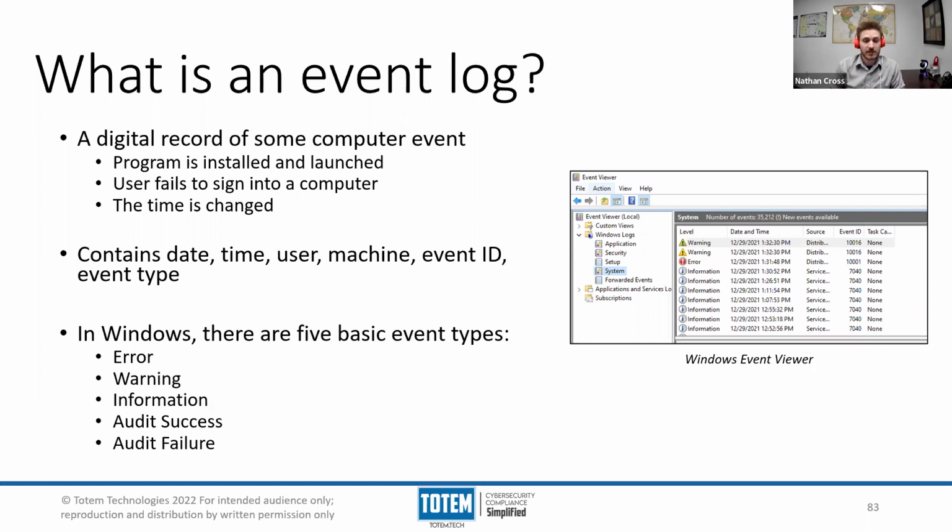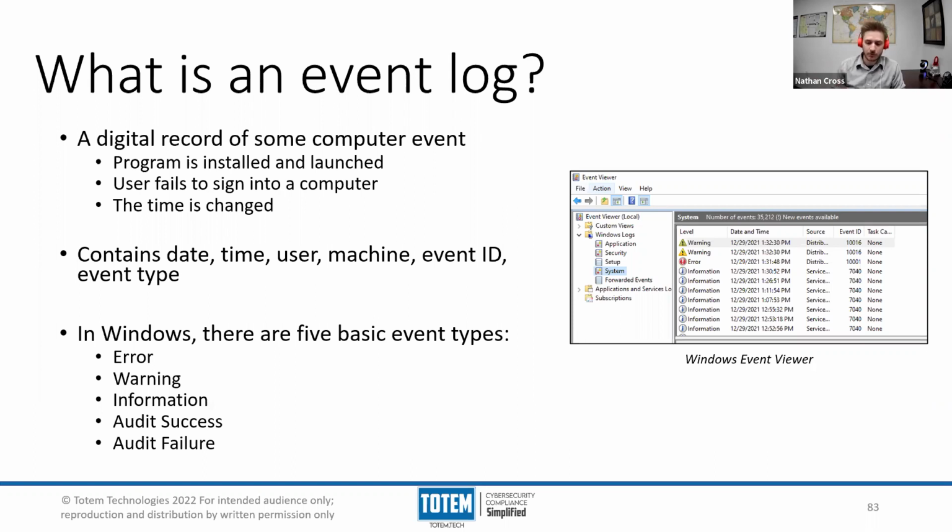And in Windows, there are essentially 5 different types that each event log is automatically grouped according to. As soon as that event log is created, one of these types is assigned to it. You can expect to see errors, and this may indicate a significant problem, such as data loss or a loss of functionality.